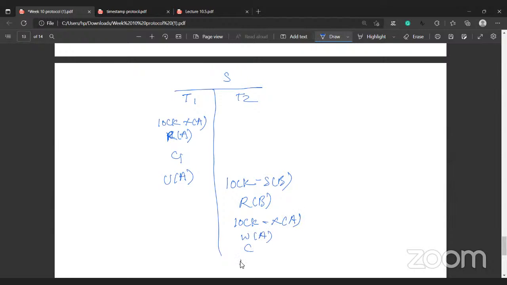Then commit, unlock B, unlock A. So does this follow the two-phase locking protocol?